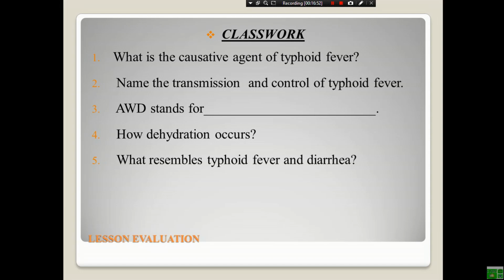Dear follower, I hope you are satisfied with the classwork questions. Let's answer together. Question number 1. What is the causative agent of typhoid fever?